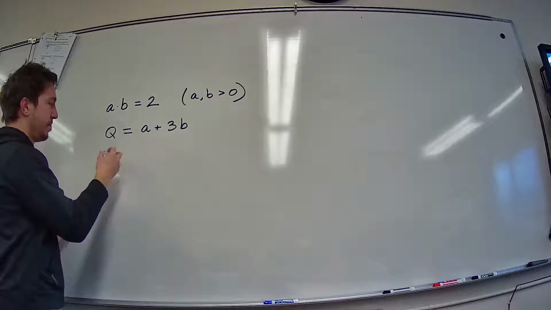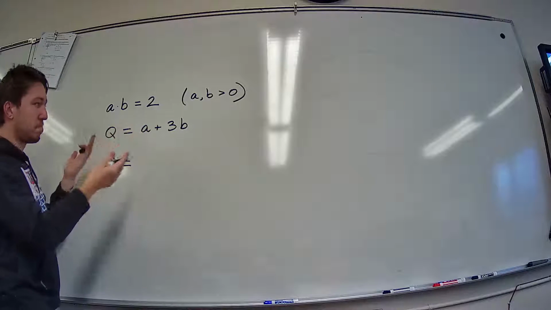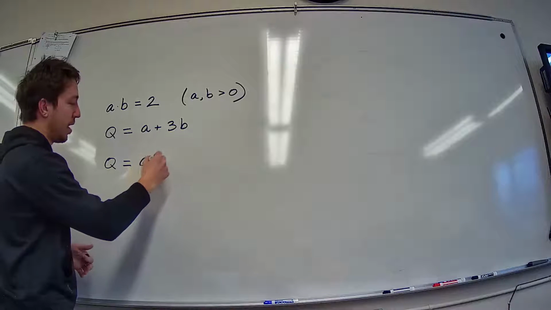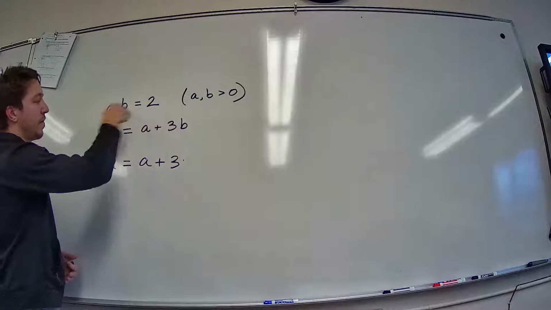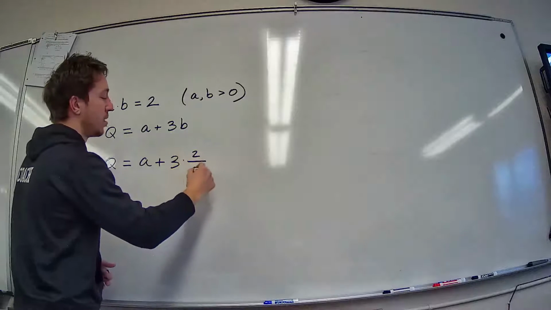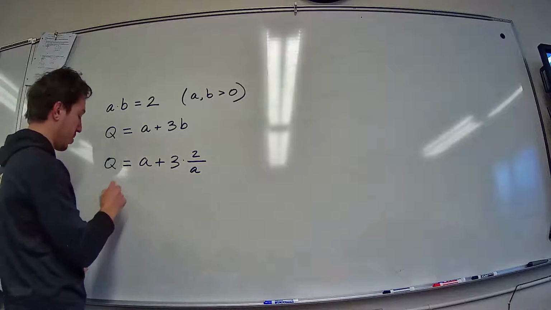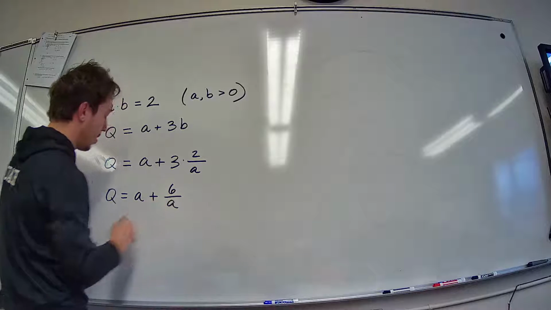So substitution. I don't know. How about, I'll solve for b, I guess. A plus 3 times, now b is just 2 over a. Everyone okay with that? Also can be written as a plus 6 over a.